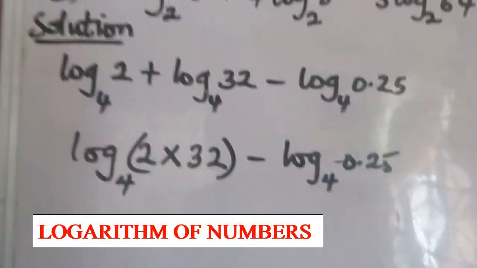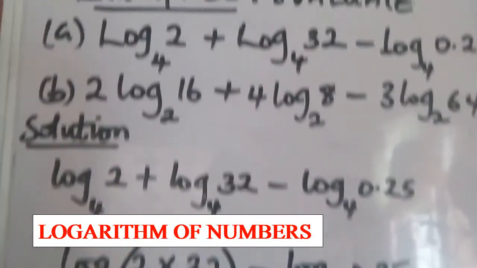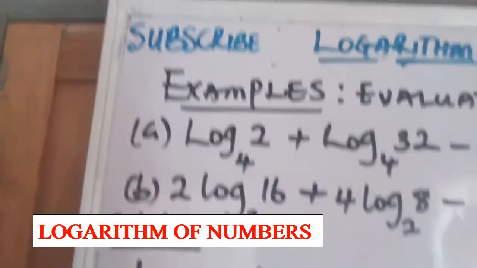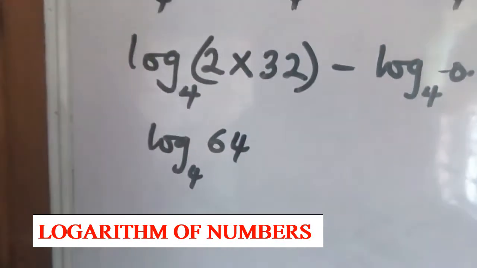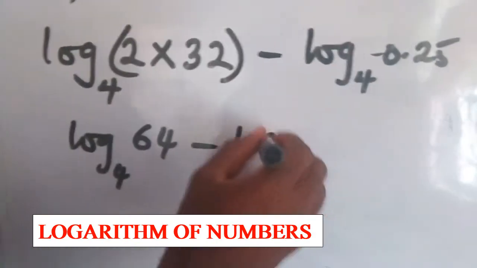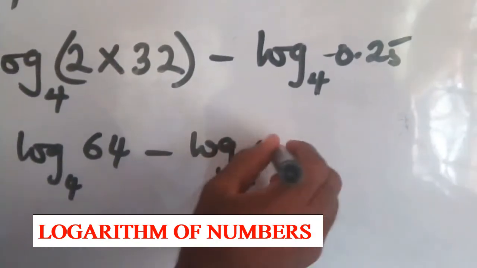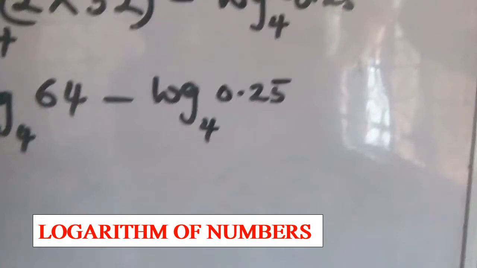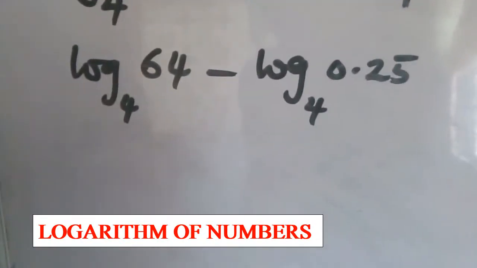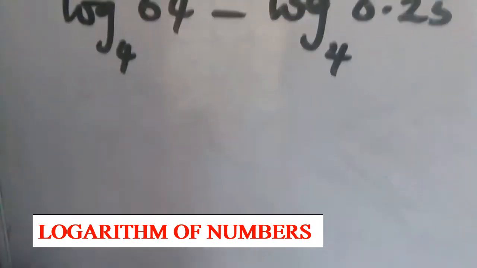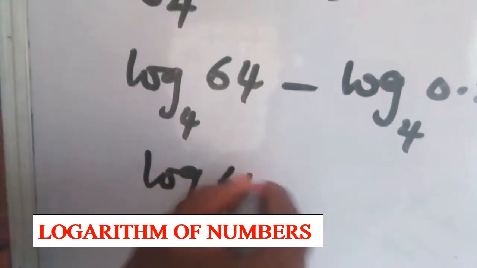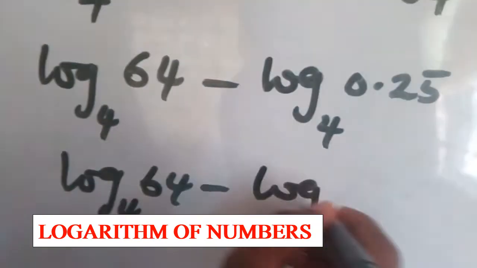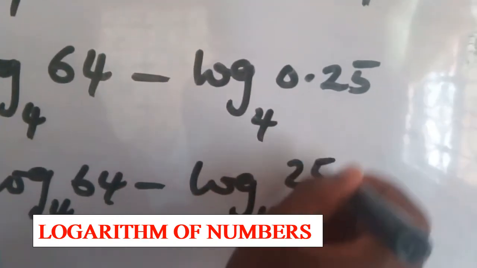So 2 times 32 will give us 64, minus log 4 of 0.25. In this case, we have log 4 of 64 minus log 4 of 25 over 100.